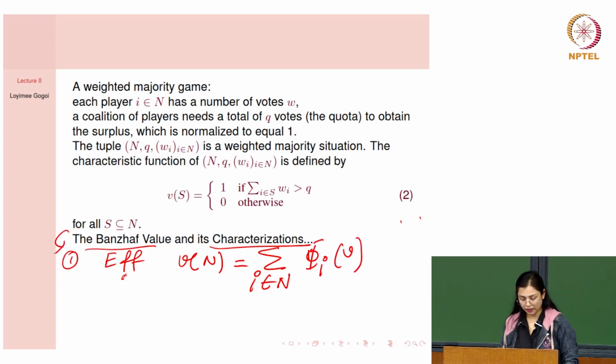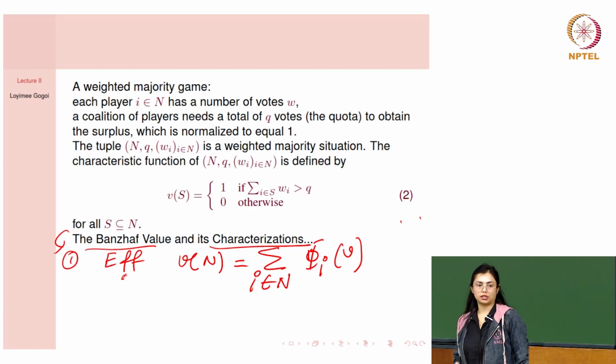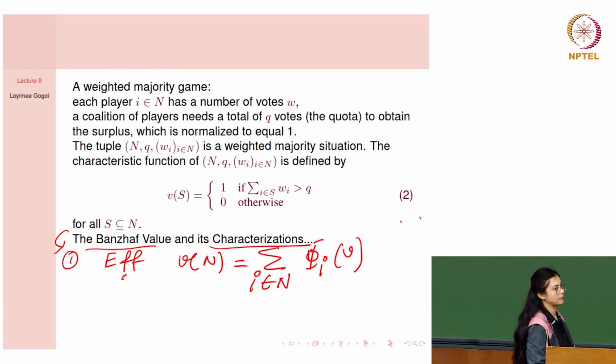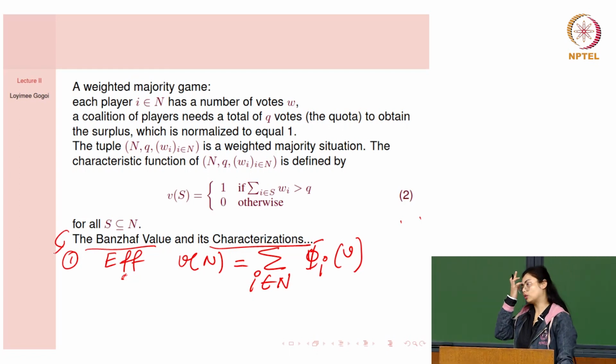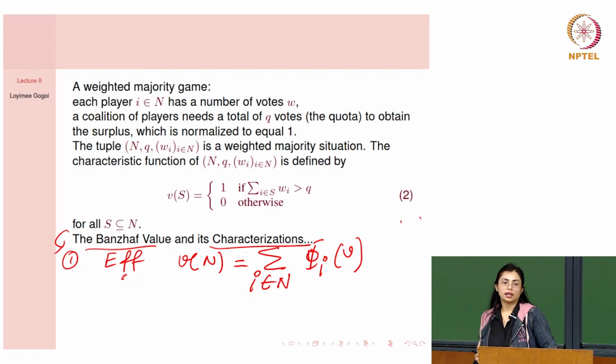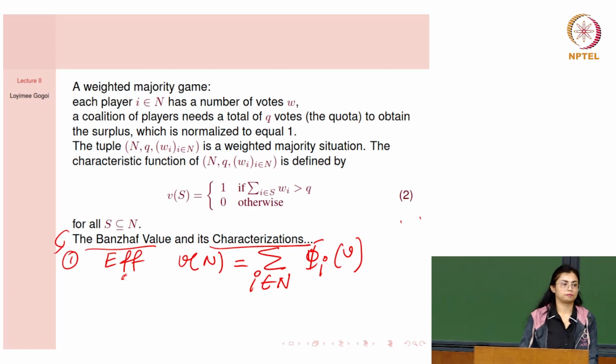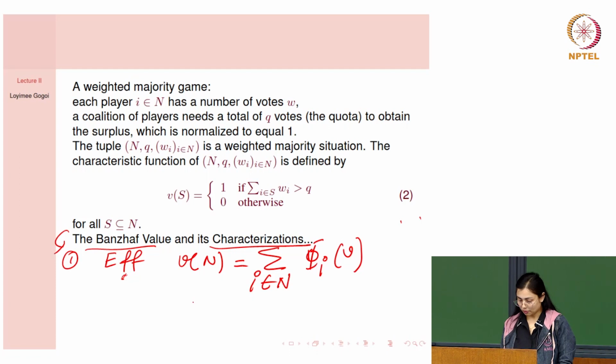But this particular allocation does not satisfy it. So that's why it is called a power index. Okay. So what are the other axioms it satisfies?